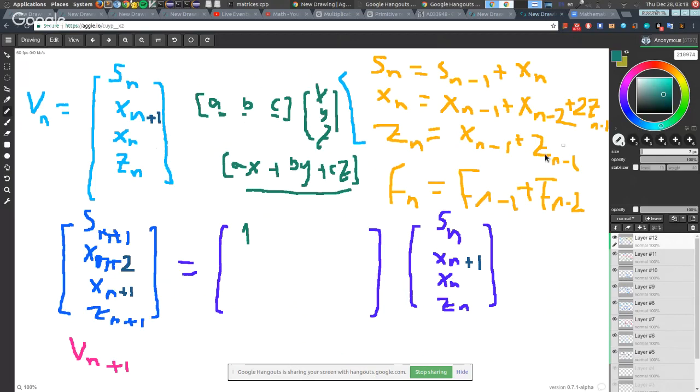Then I'll try again to put the values. Here we put this 1. Then we have x(n+1), so it also has the coefficient 1.